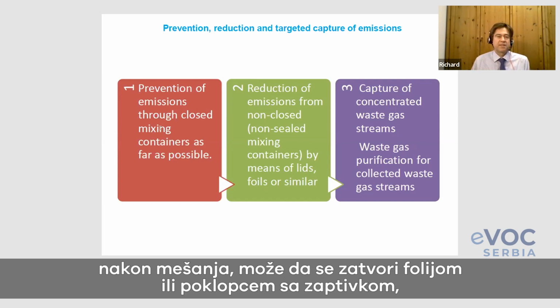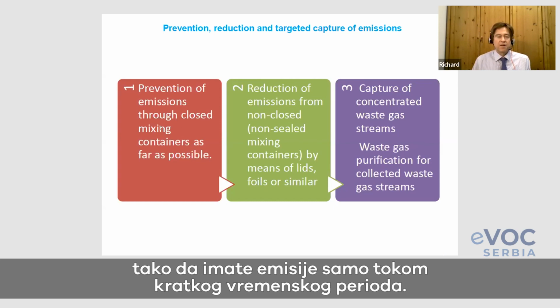And after the mixing, you can put a foil on it, or you put a cover with an appropriate seal on it. So you have only a short time where you have VOC emissions.